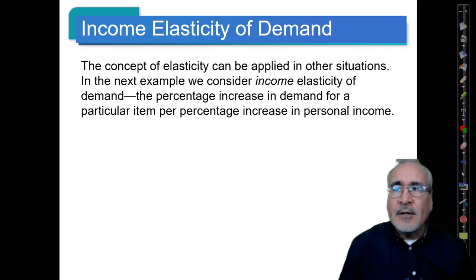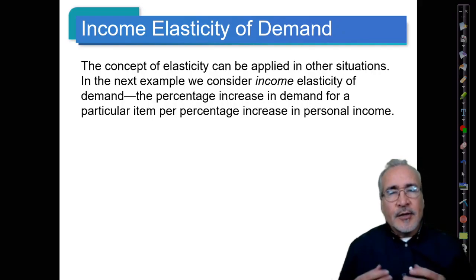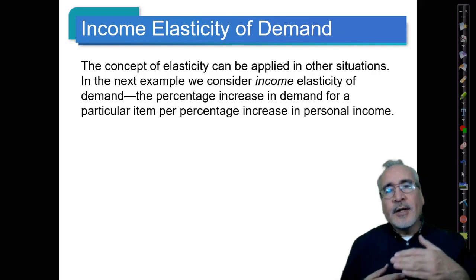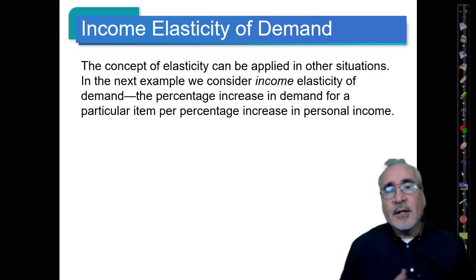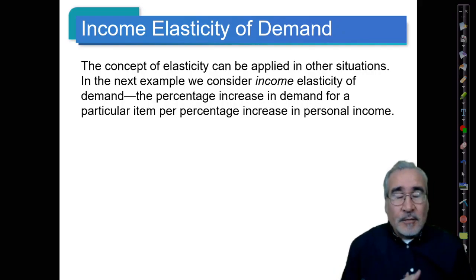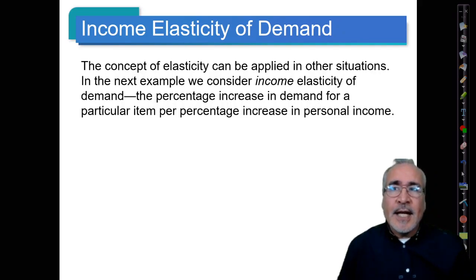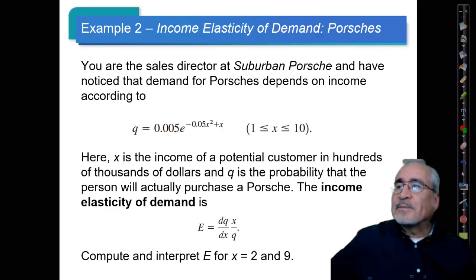The percent increase in demand for a particular item per percentage increase in personal income. So that's measuring how much people are going to demand something if their income increases, because then they have more disposable income, hopefully. And so that's another economic way of looking at things. So one is a price base, this is an income base economics.